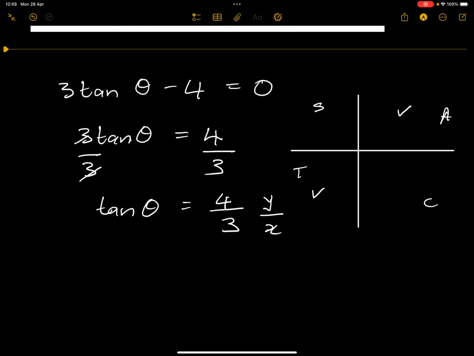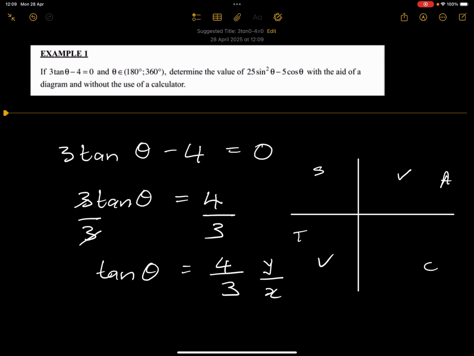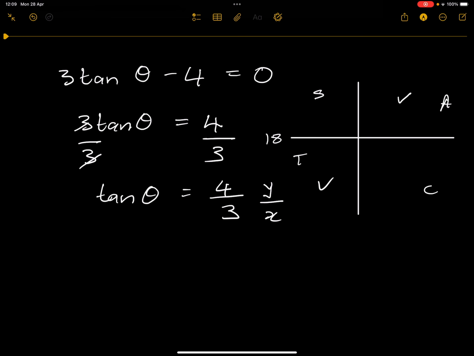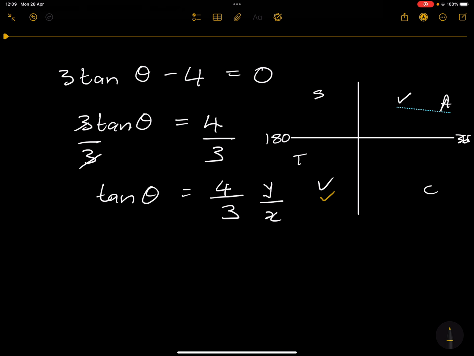But we need to find the second tick. They said to us theta is between 180 and 360. So remember, this is 180 over here and 360 over there. And so they are saying to us that theta is between the third quadrant as well as the fourth quadrant.